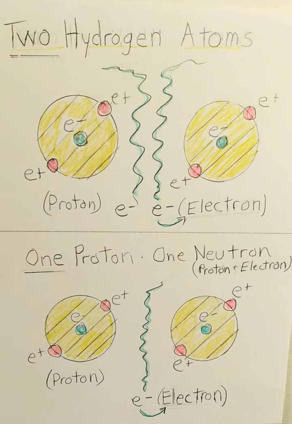So the difference between a hydrogen atom and a neutron is this. The hydrogen atom has a single electron circling it, while the neutron is a proton with a single electron circling it, but it can only exist when bonded to a proton. When it is by itself, it breaks down into a proton and electron.